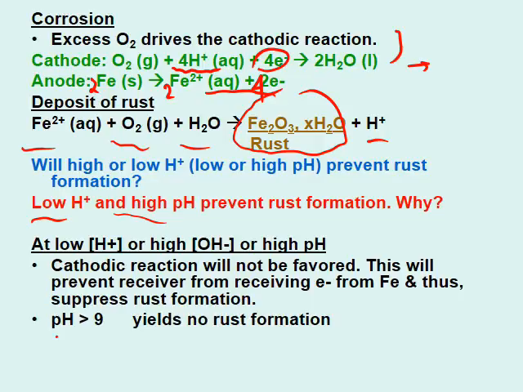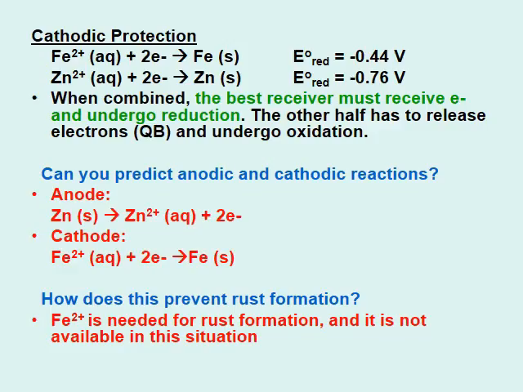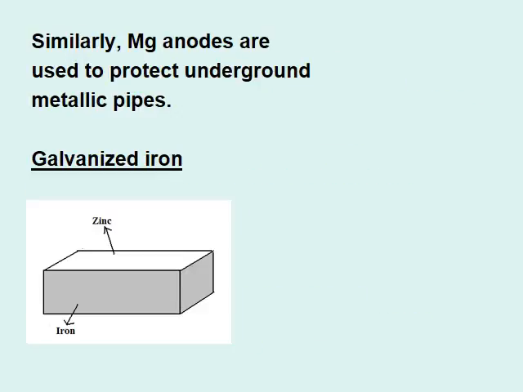And indeed, when pH is greater than 9, there is no rust formation at all. Now, cathodic protection, often this term is used when you have a cathode that normally would undergo corrosion. Here we are showing you two other ways that one can protect metallic pipes by using magnesium as anode.